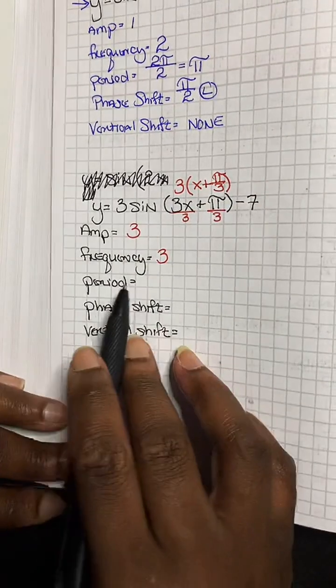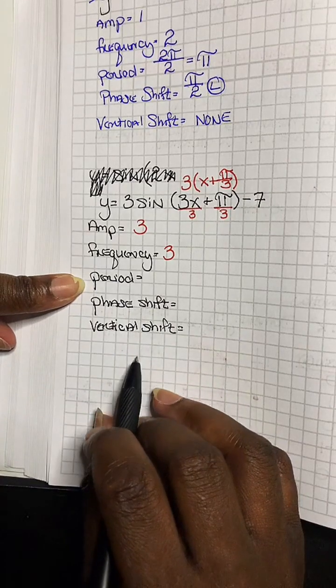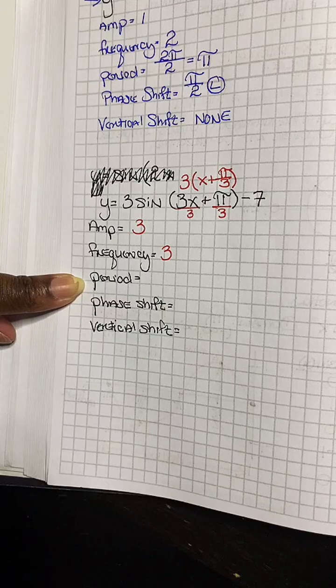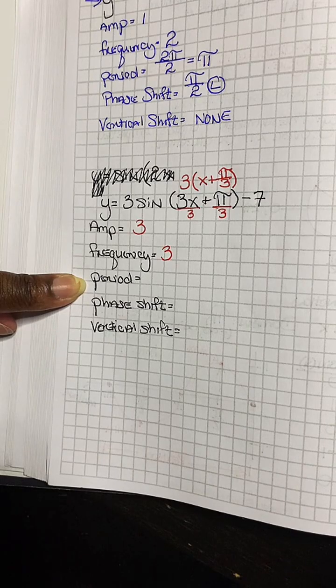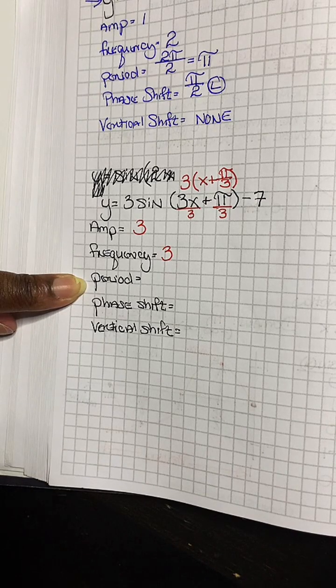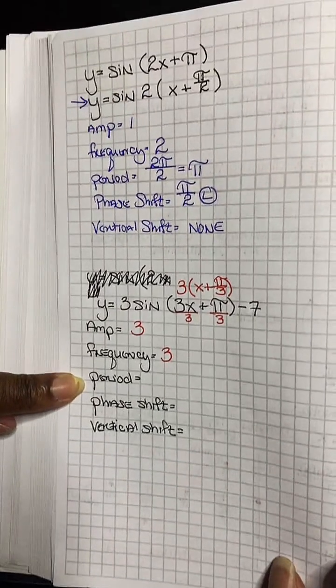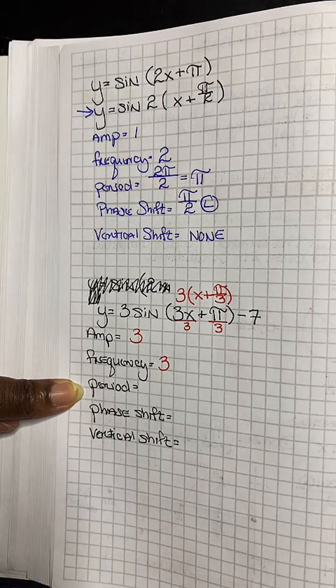All right. So our period will be what? What will be our period? Use what we did earlier to help you remember.